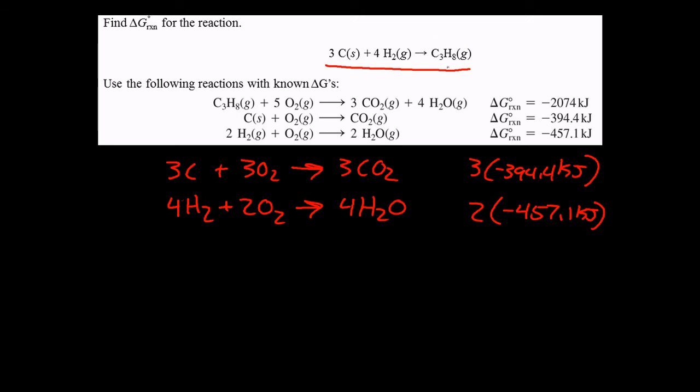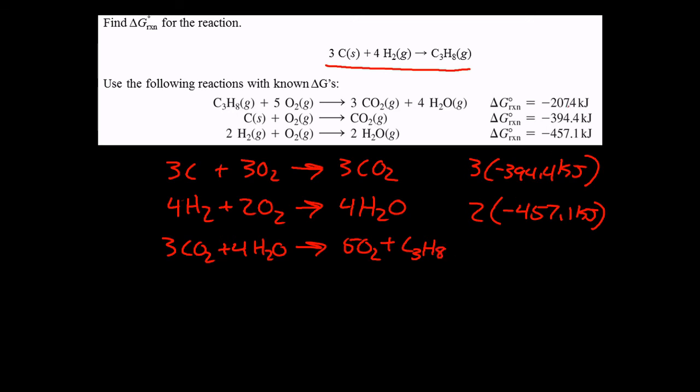And then I need 1 propane on the right. I have propane in this reaction, but it's on the left. So I'm going to need to flip this thing. And by flipping it, I'll end up with 3 CO2 plus 4 waters on the left goes to 5 O2s plus C3H8.